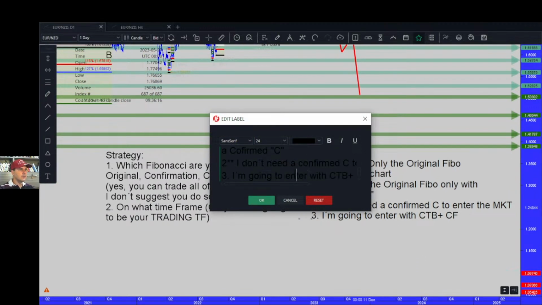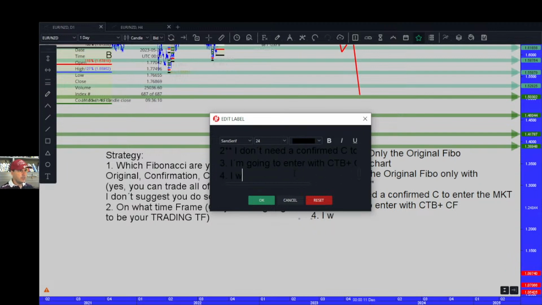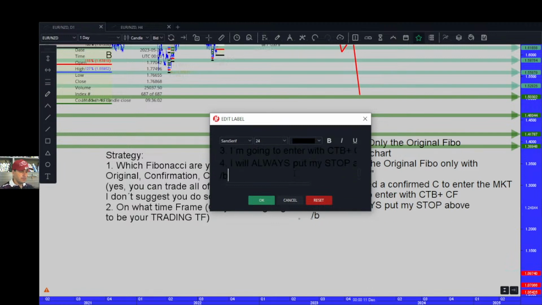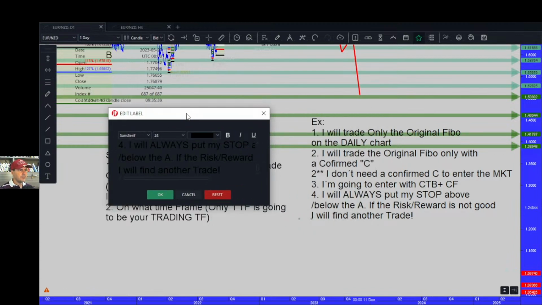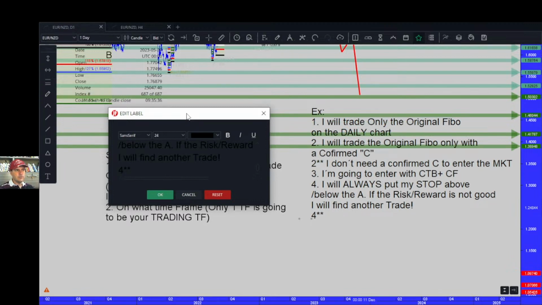Number 4, just an example. Number 4, I will always put my stop above or below the A. Okay, if the risk reward is not good, I will find another trade. Okay, now for star variation.